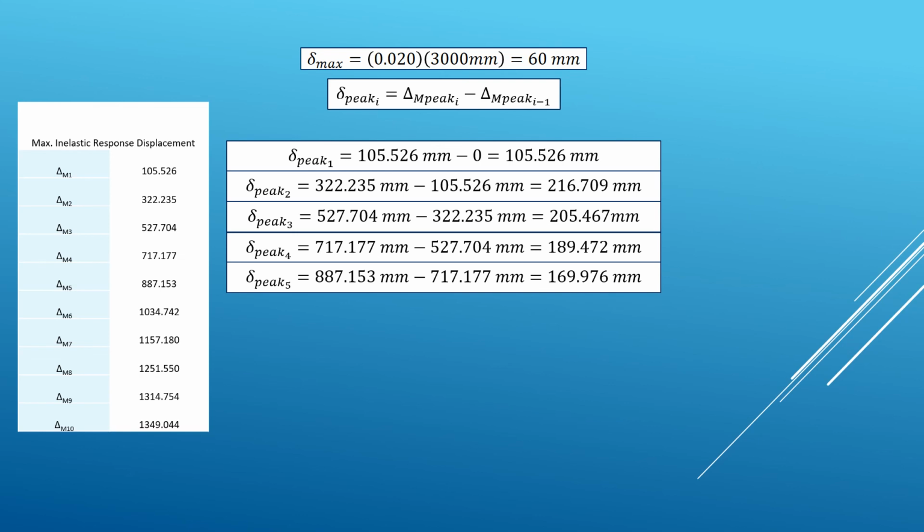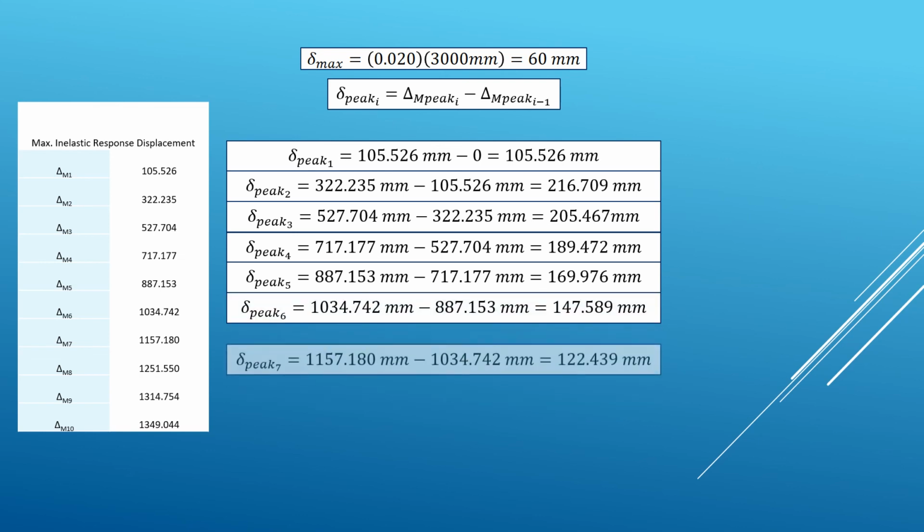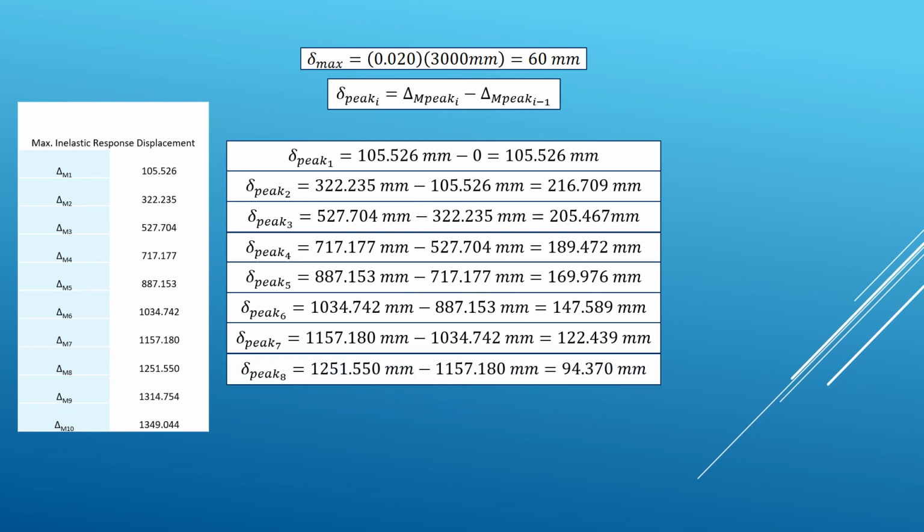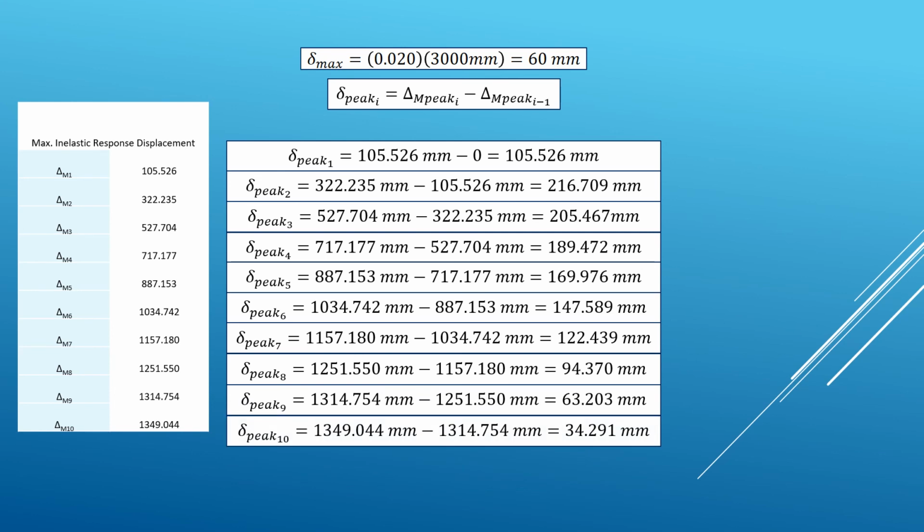For drift peak 2, 322.235 mm minus 105.526 mm equals to 206.709 mm. So on and so forth. Yun, same process lang para makuha natin si maximum drift peak.